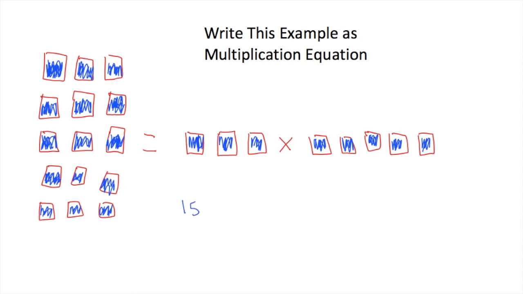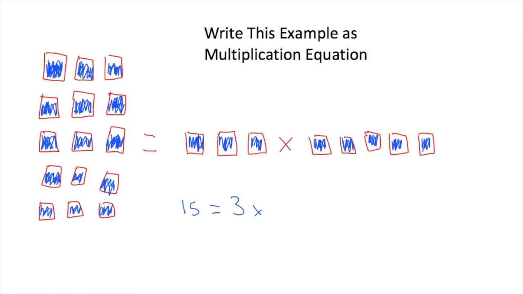Now, we're not going to write is because it's asking us to do an equation, not a word sentence. So we're just going to put the equal sign. So 15 equals, how many squares do we have in each row? We have 3 rows. So 15 equals 3 times, and we have 1, 2, 3, 4, 5 squares.